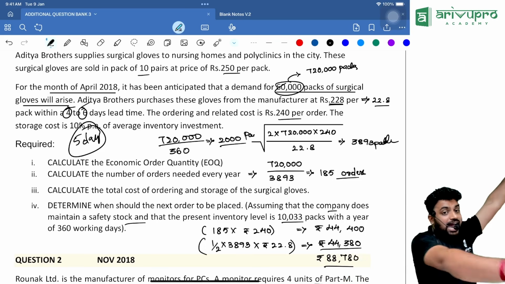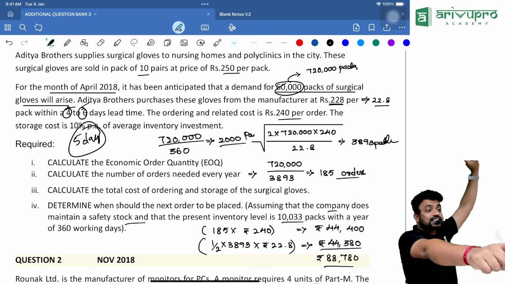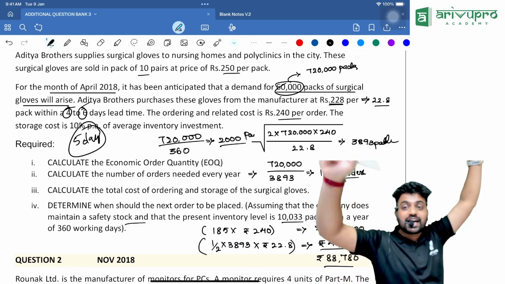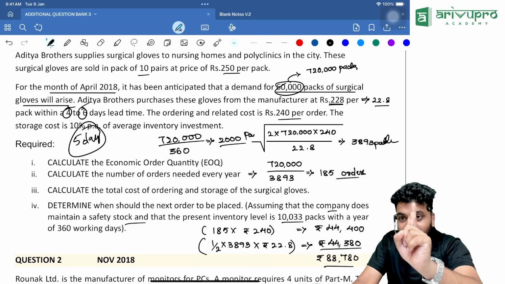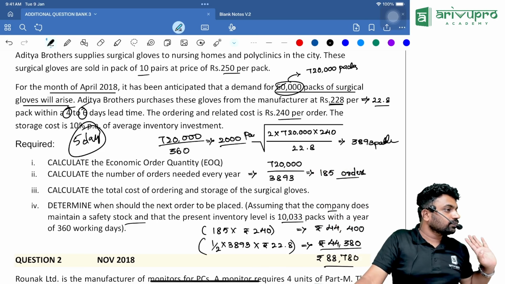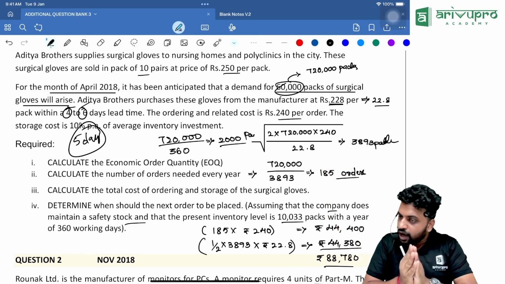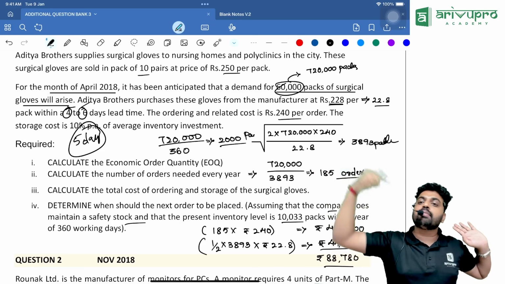By any chance, if our supplier takes the maximum lead time, that is 6 days, still we will be having 1 day stock out. That we cannot avoid right now unless and until we go for emergency purchase.